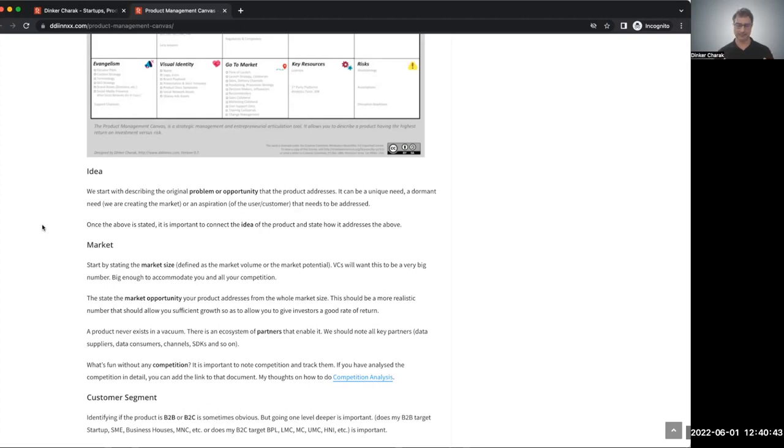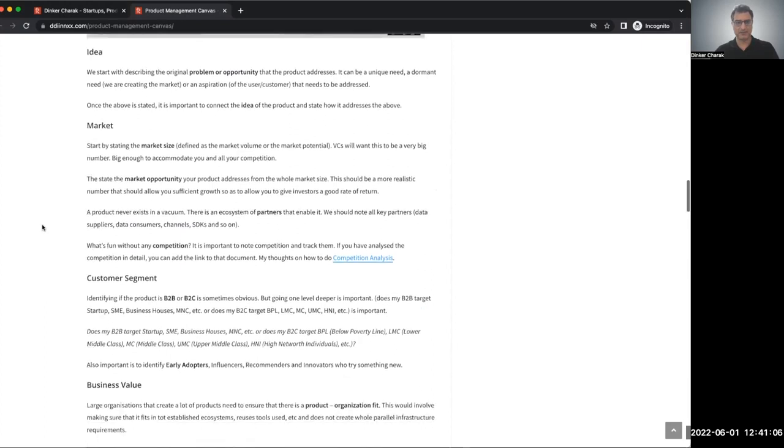Because at some point, this canvas may become the go-to document, especially in enterprise or large teams, for a variety of teams to go and refer to. So the why of this becomes very important for everyone to understand, and hence the idea part becomes very important.